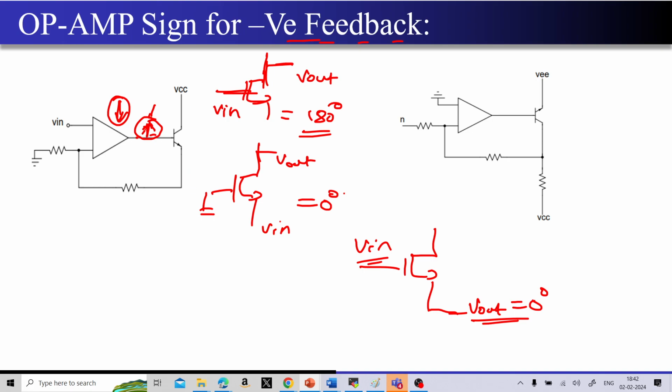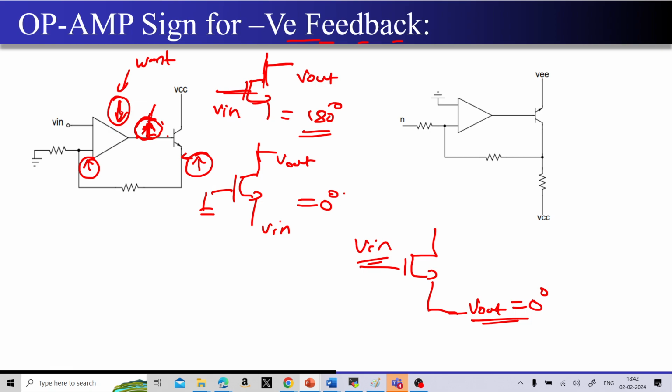So now if I increase the node voltage at this particular point, since I am giving the input at the gate and taking the output at the source, or for the BJT I am giving the input at the base and taking the output at the emitter, there is absolutely no phase shift, right? So if I increase this voltage, even this voltage is going to increase, right? If this part increases over here, what I actually want is for this node to go down.